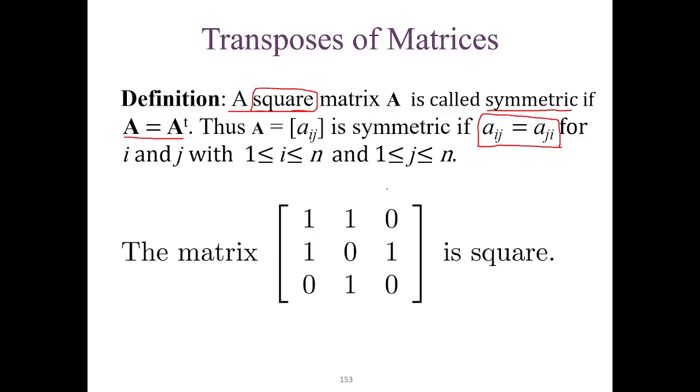In this case, let's check why this matrix is symmetric. This is A12, this is A21, they are equal. And this element is A23, this is A32, they are equal. So we can check that this matrix is a symmetric matrix.